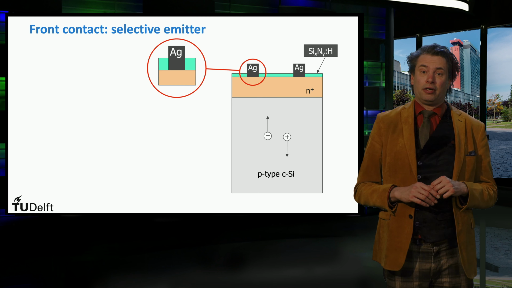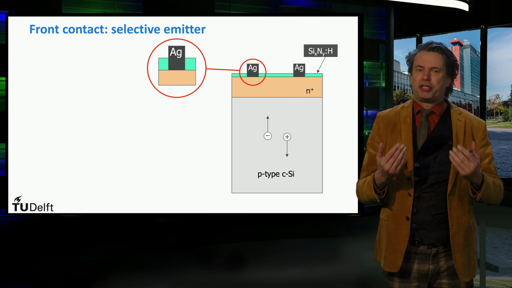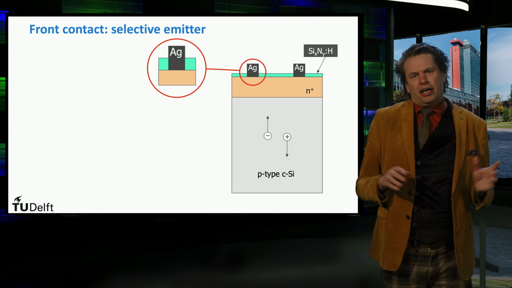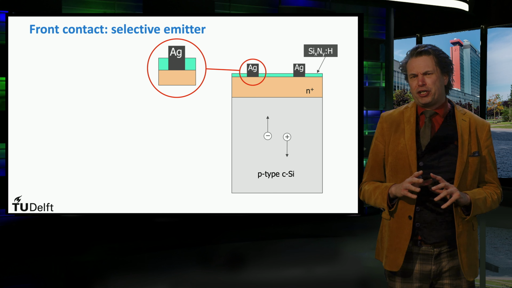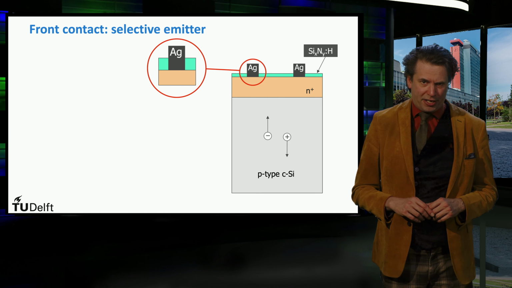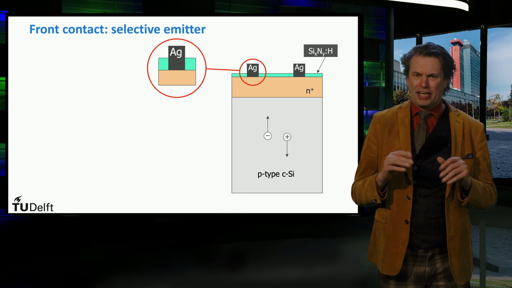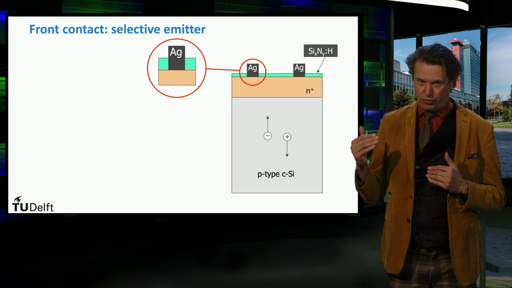In addition, a metal semiconductor material induces a barrier for the majority charge carriers. In view of the scope of this course, it is too much detail to discuss this barrier in great detail. Keep in mind that this barrier will give rise to a higher contact resistance.